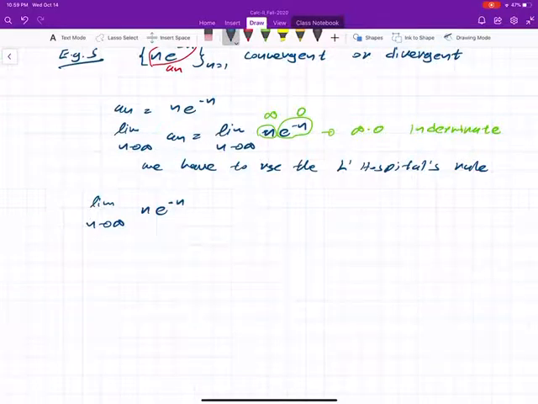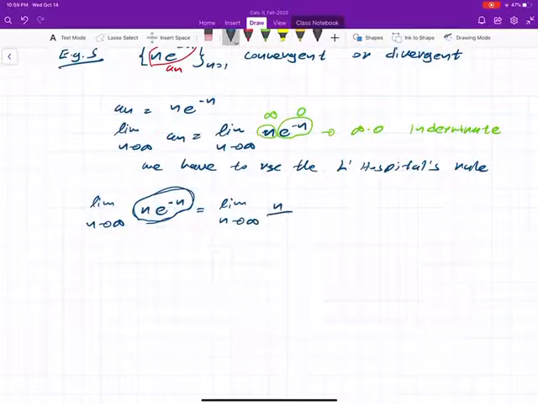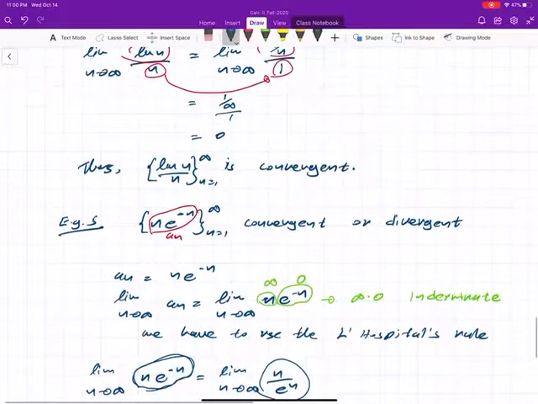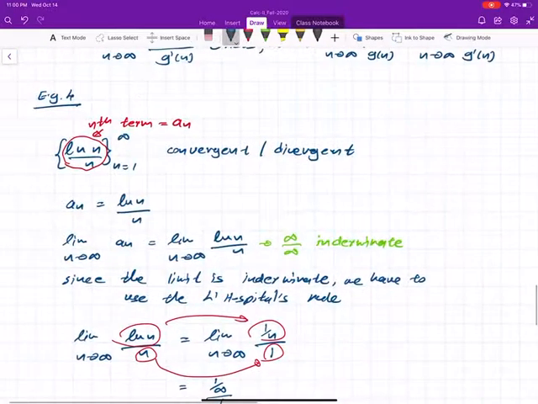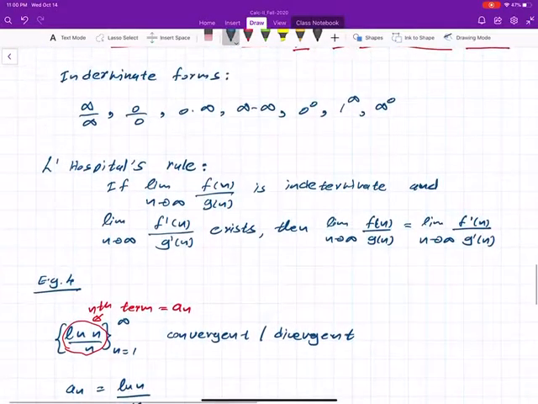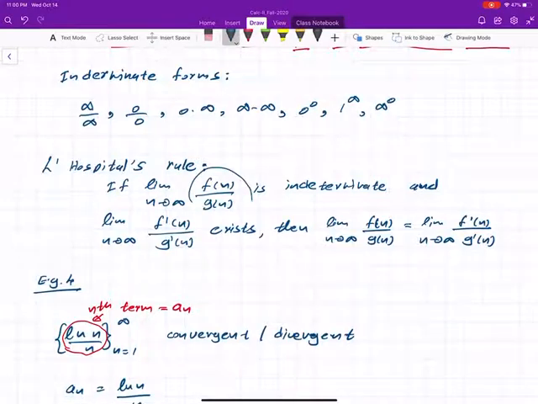That's what we need. Before using L'Hopital's rule, you have to make this have a numerator and a denominator. For that, we could write this as the limit as n goes to infinity of n over e to the power n. All right, now this has a numerator and denominator. That's the way L'Hopital's rule works. If you go back to the place where we learned L'Hopital's rule, it should have a numerator and denominator.